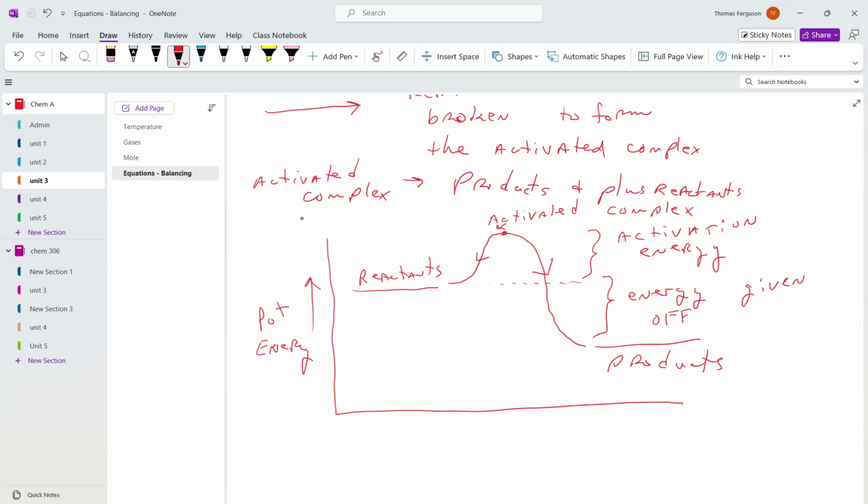And that's usually in the form of heat. So when you burn gasoline, it gets hot. When your diamond goes down to the carbon, it gets hot just a little bit. Okay. So this discussion so far is just to get you acclimated to what's going on at the atomic level.